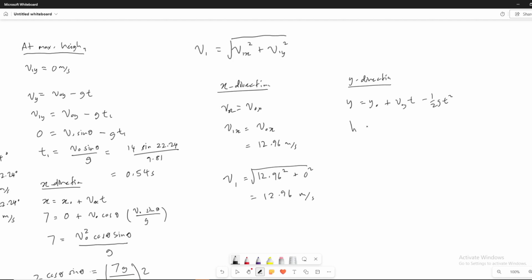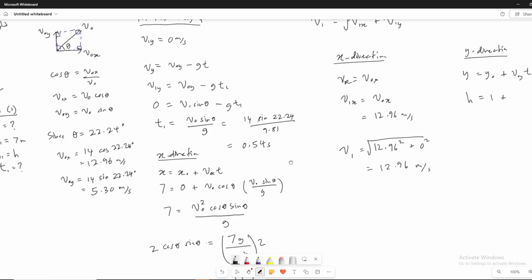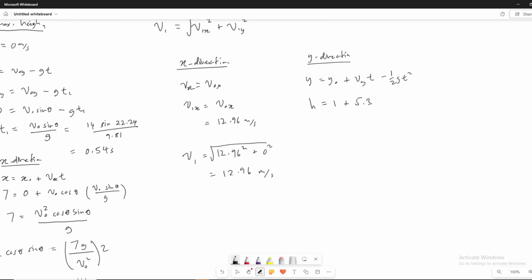So y is h, which equals 1 plus 5.3 times 0.54 minus half 9.81 times 0.54 squared. So we will get 2.43 meters.